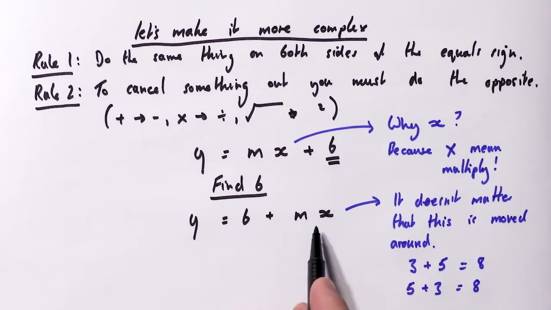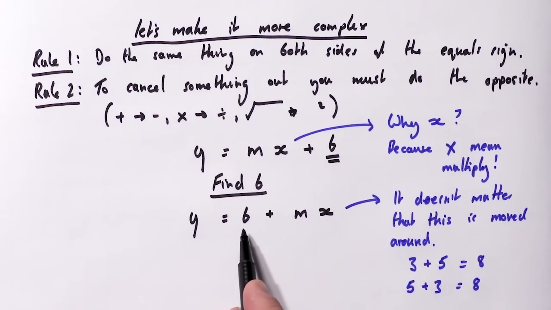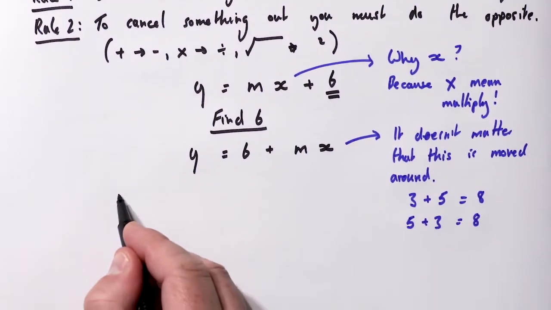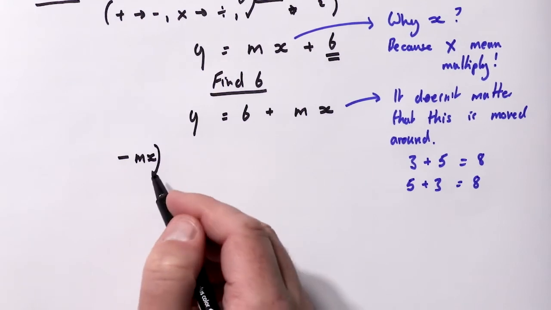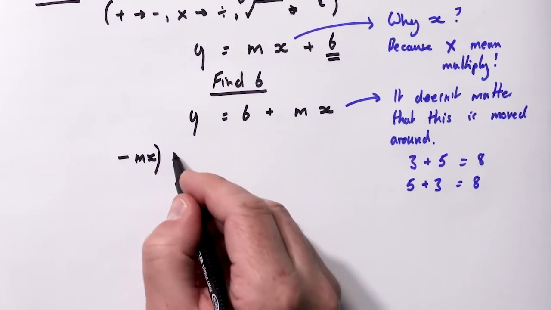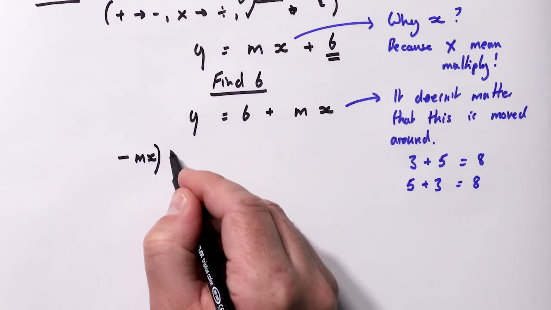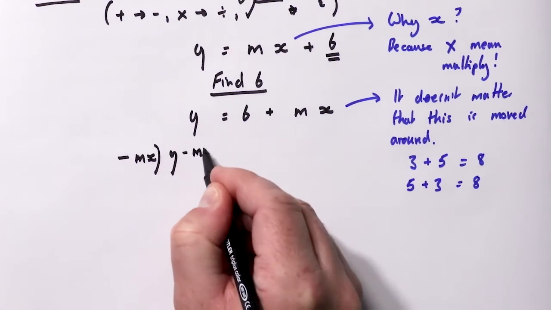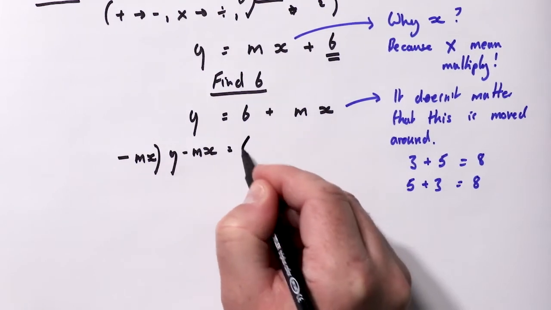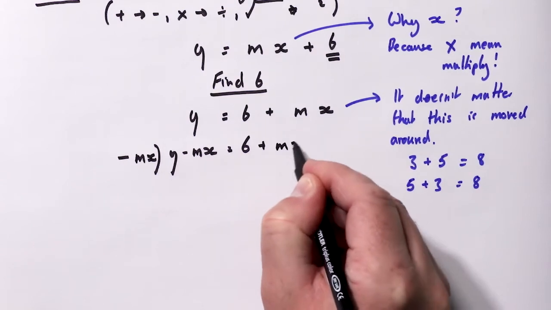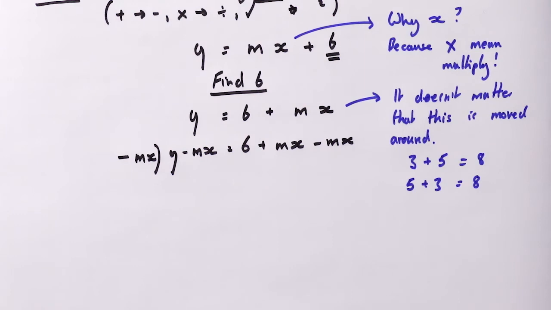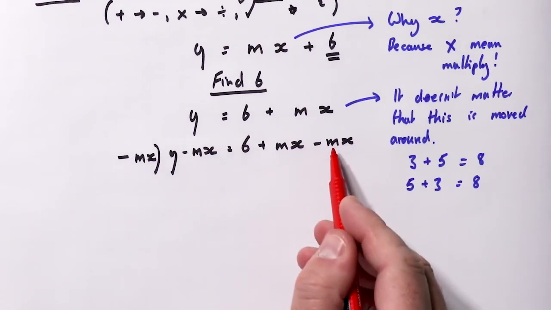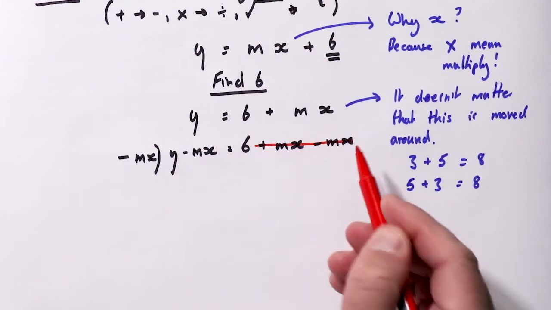So I've got plus mx and I want to get b on its own. So I can do the opposite. I can say minus mx. And I'm going to do that to both sides of the equation. So I'm going to have y minus mx equals b plus mx minus mx. Now again, you should see that there's no point adding mx to b if you're only going to take it away again. So you can cross that all the way through. It doesn't matter.